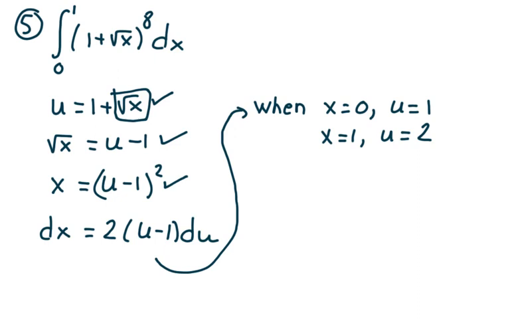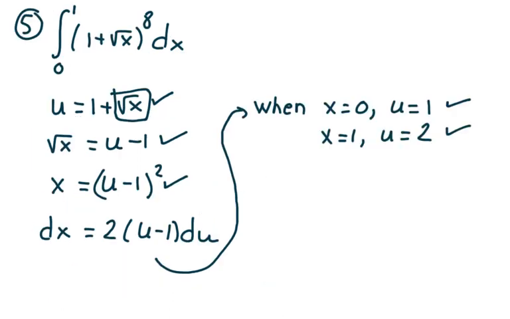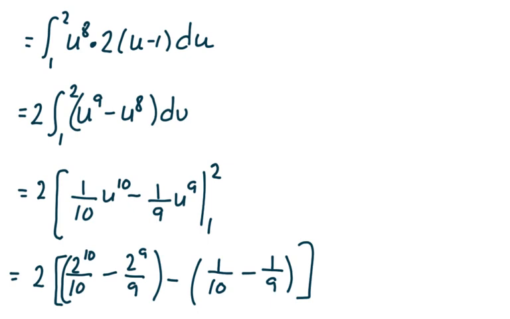Now we need to take care of our x limits. When x is 0, u is 1. When x is 1, u is 2. So this is equal to the integral from 1 to 2. Now remember, I'm replacing 1 plus square root of x with u. So I get u to the 8th.